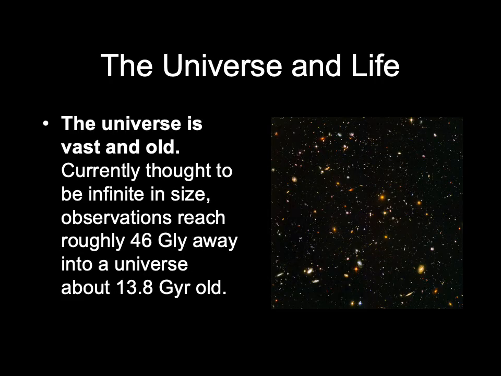Because the universe is vast and it's old. It's currently thought to be infinite in size, and our current observations have allowed us to see out to billions upon billions of light years. And we estimate the current age of the universe is about 13.5 billion years old.